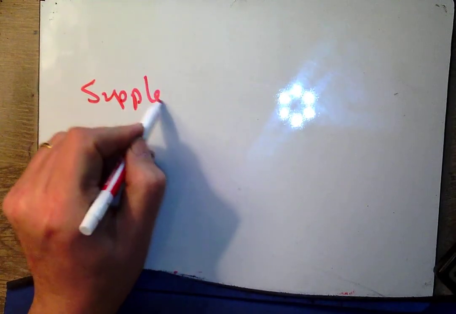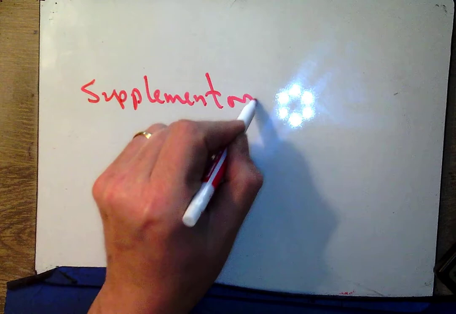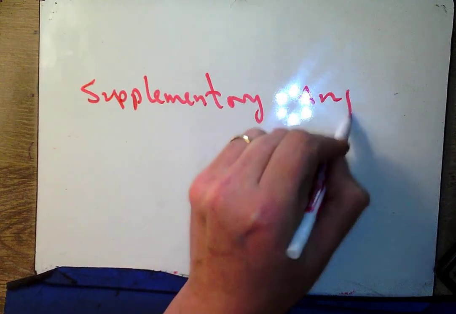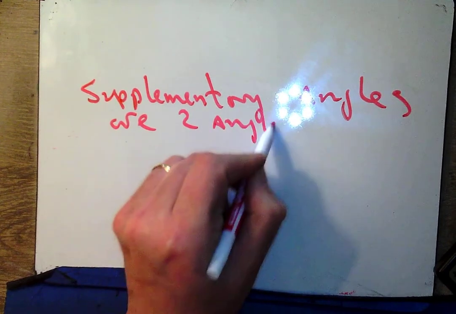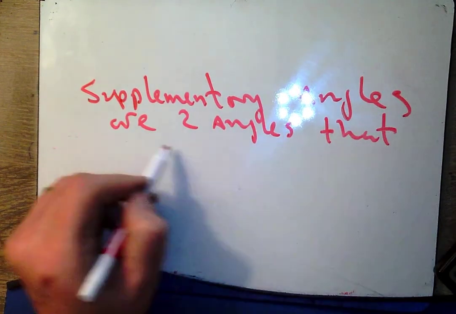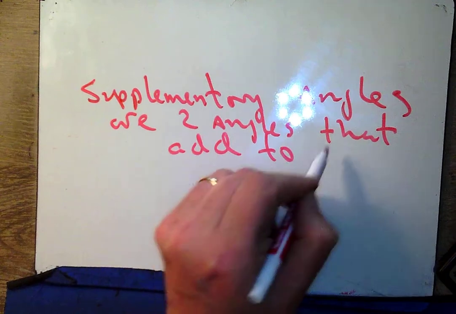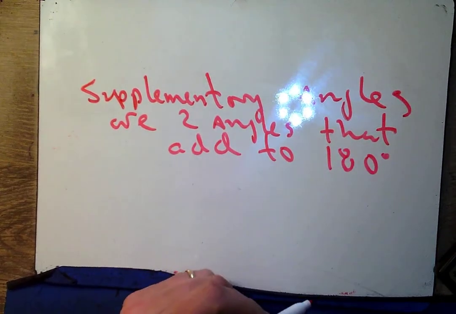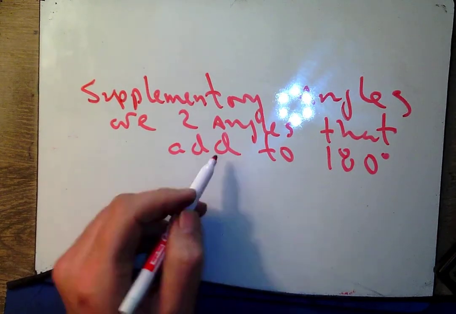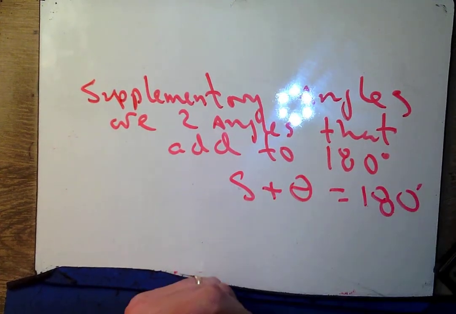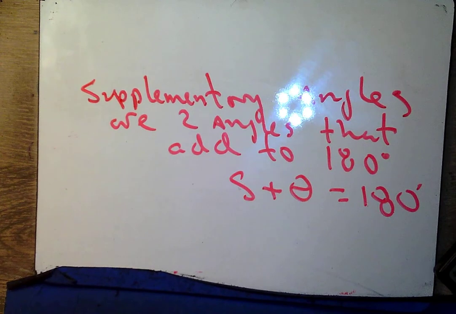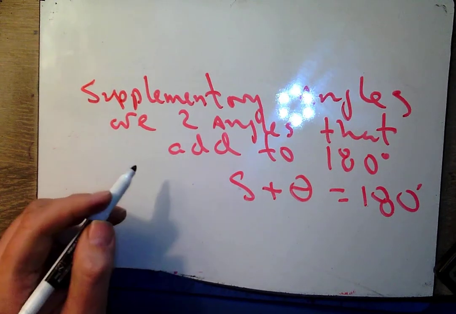How about supplementary angles? Before you said that supplementary angles are 2 angles that add up to 180. Yeah, that's true. A supplement and an angle add up to 180. Yeah, except in our class, mostly we talk about radians.